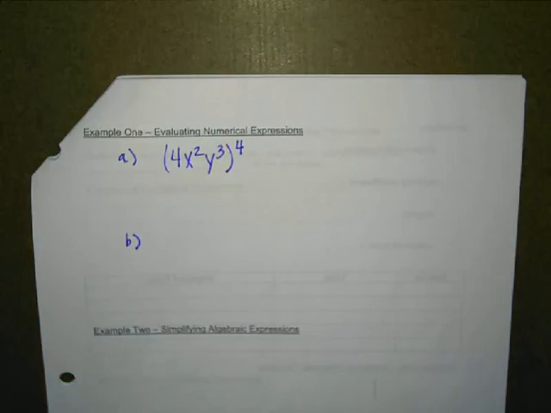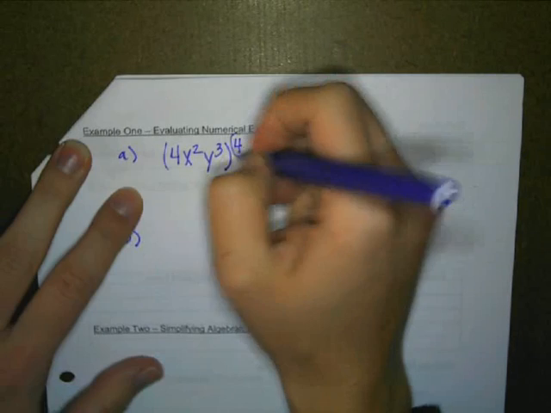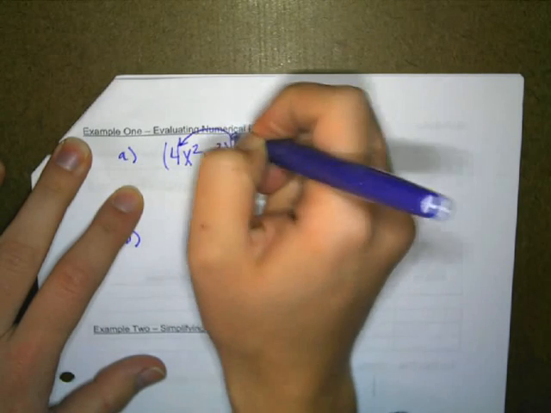Distribute it, and when I do that, I do have to multiply the exponents together. So what you have to be careful with is that when you distribute an exponent like this, you distribute it to each term inside the parentheses. So 4 to the 4th power. We can do that in our heads. 4 times 4 is 16. 16 times 4 is 64. 64 times 4. Oh, maybe we can't do that one there.